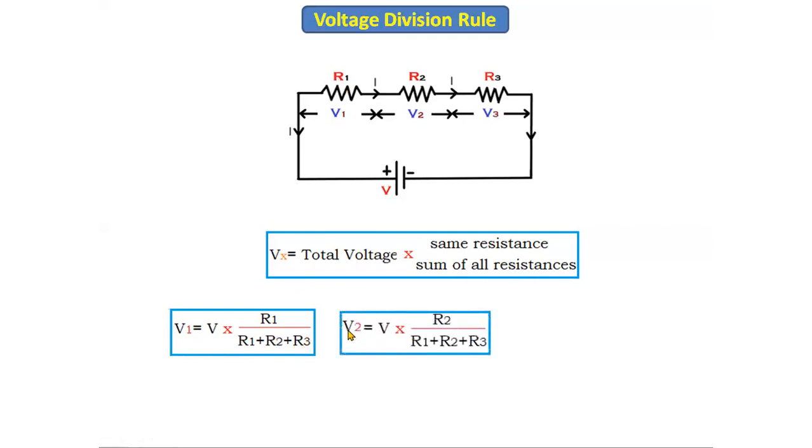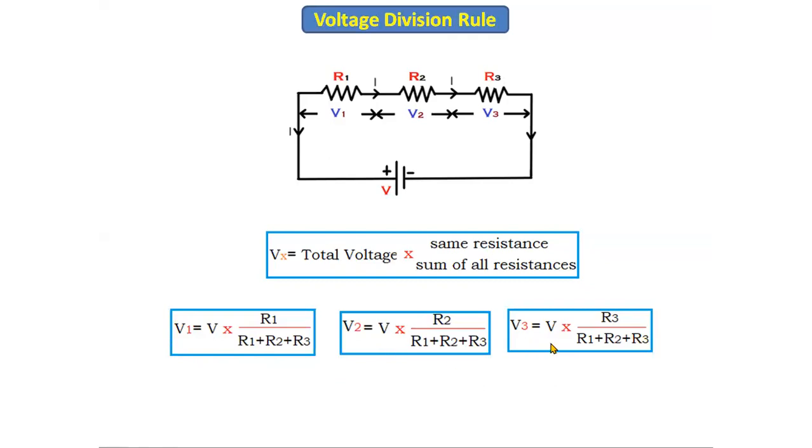For V2, V2 is equal to the total voltage V into R2, divided by R1 plus R2 plus R3. Next, V3 is equal to the total voltage V into R3, divided by R1 plus R2 plus R3. Like this we use the V1, V2, V3 formulas.